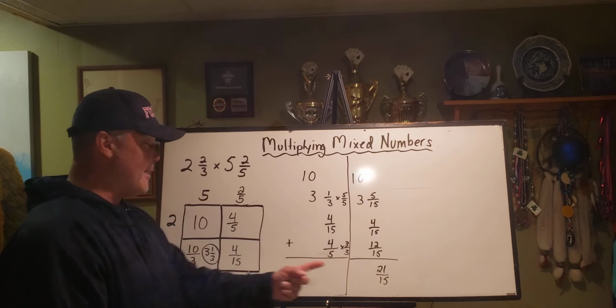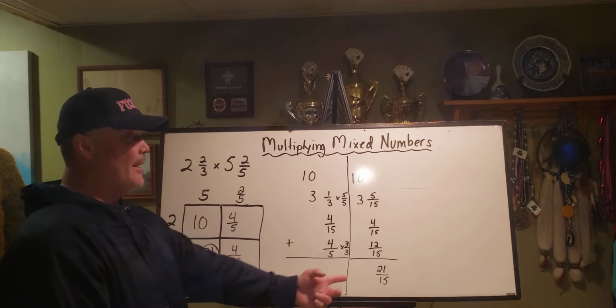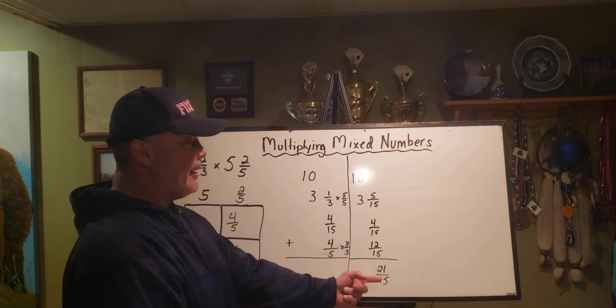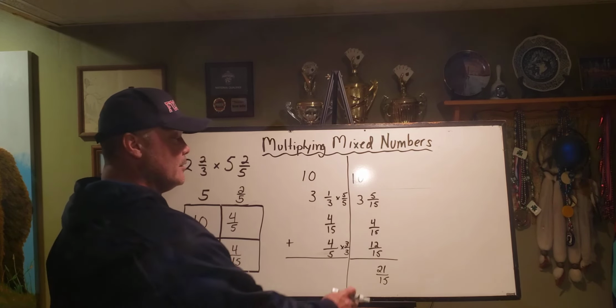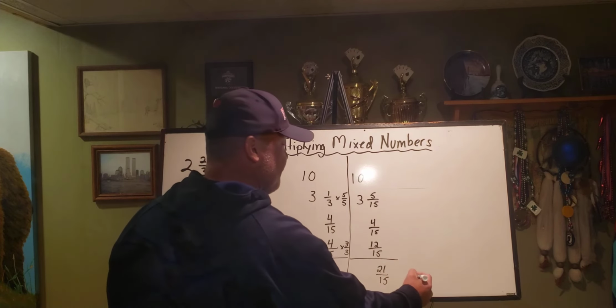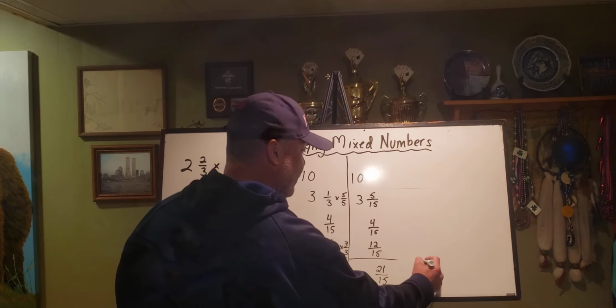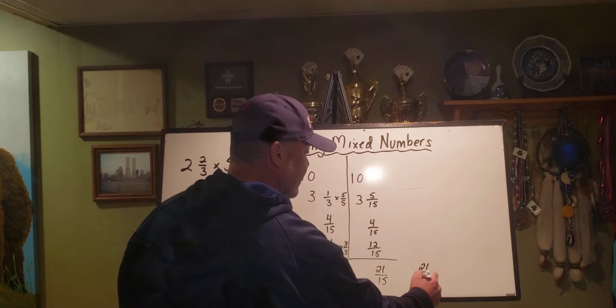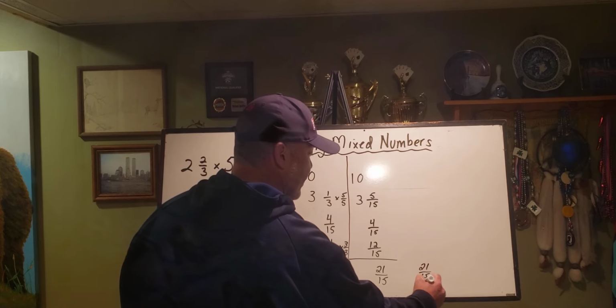Now I'm faced with the same situation I was with over here, an improper fraction. I have to convert that into a mixed number. I recognize I have more than a whole. So if I take 15/15 away from 21/15, I can do that over here. I'll wind up with, oh, that's a little small.